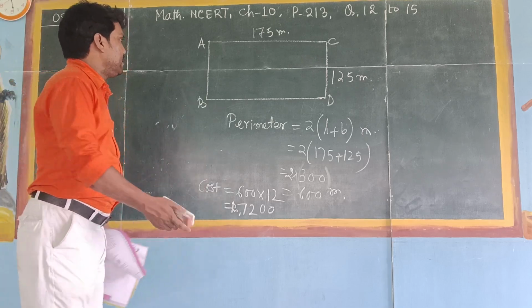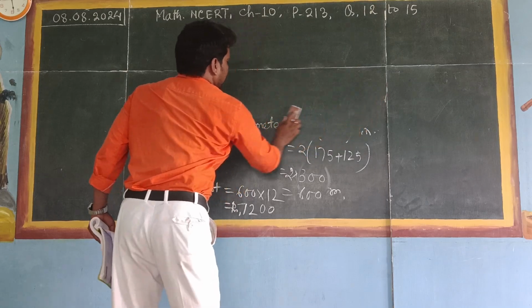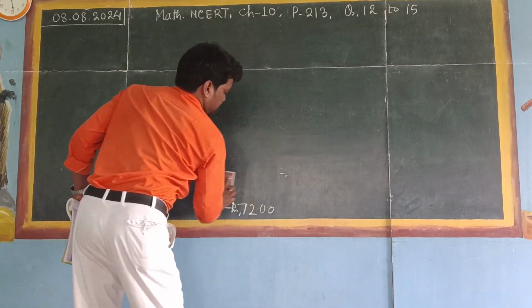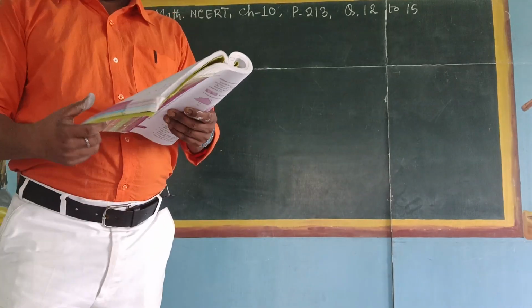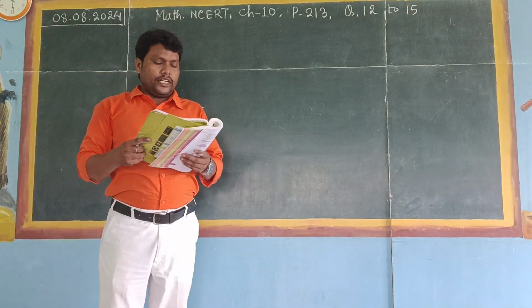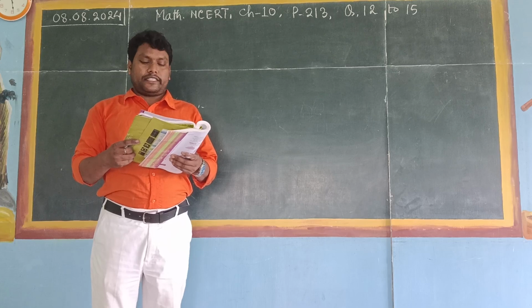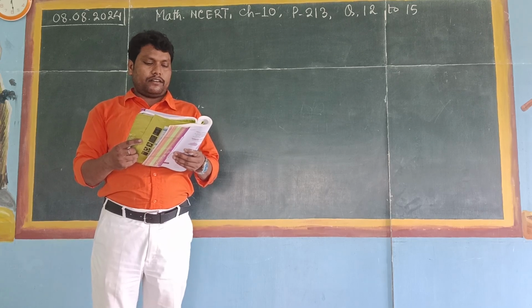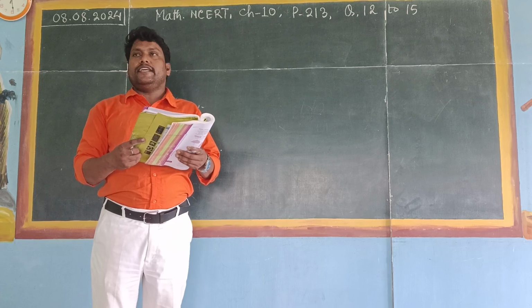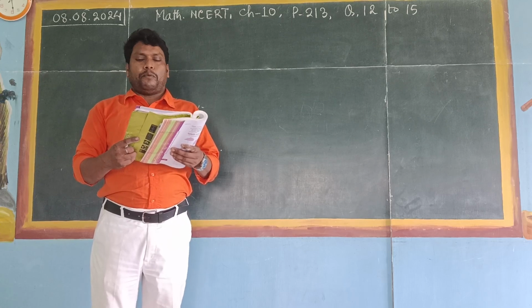Next question number 15. Sweetie runs around a square path of side 75 meter. Bulbul runs a rectangular path whose length is 60 meter and breadth 45 meter.